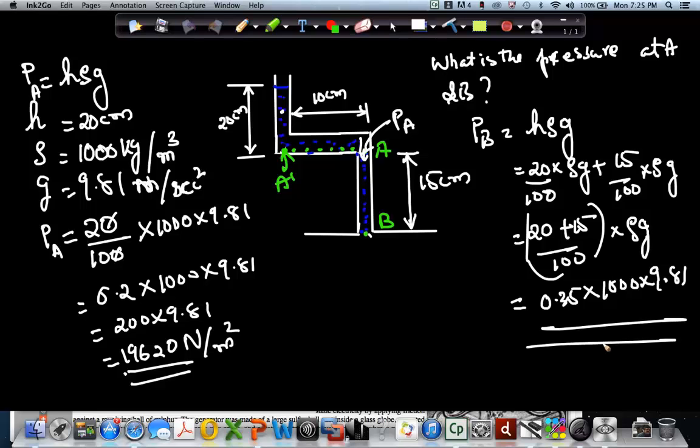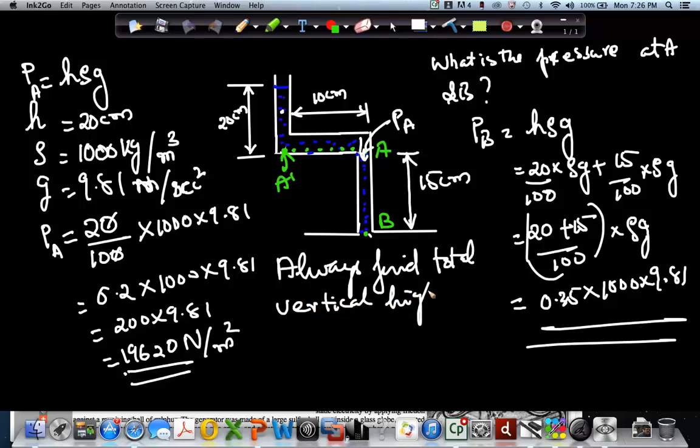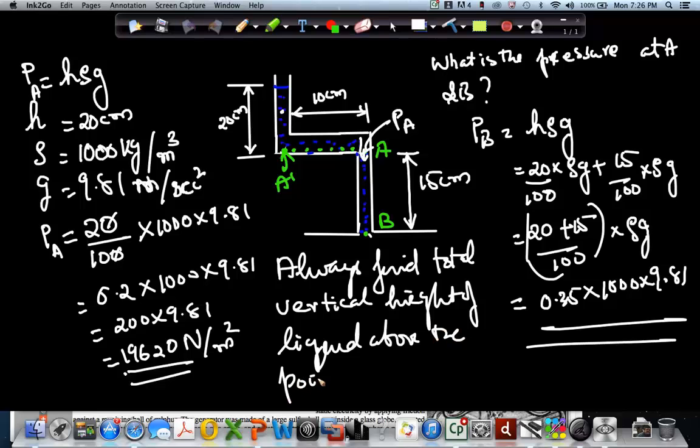So what I want to tell you is always find the total vertical height of liquid above the point at which pressure has to be calculated.